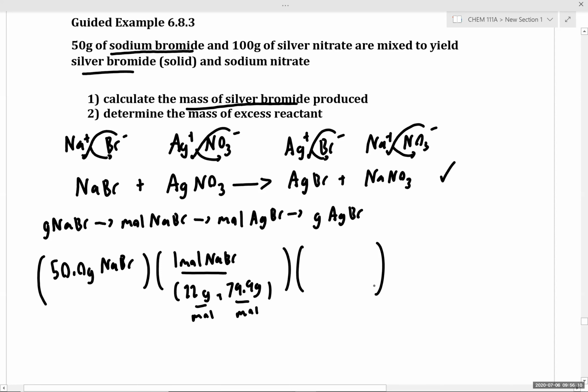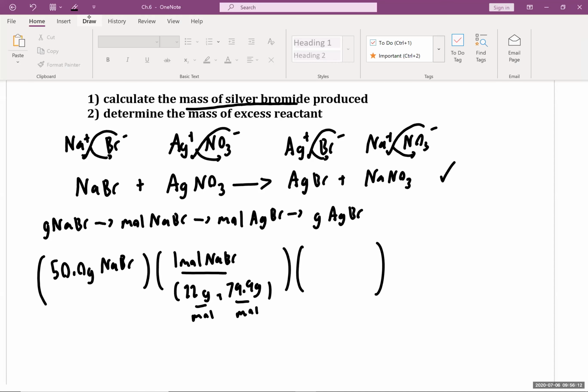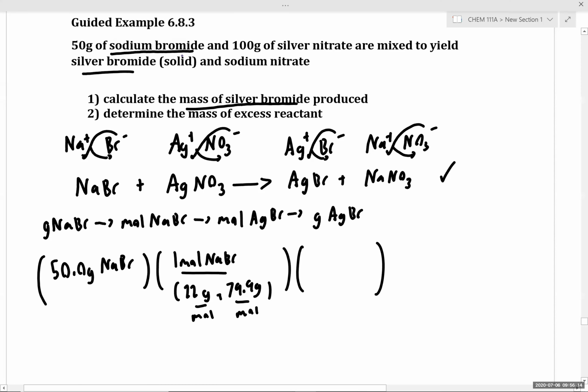Now for something that's really important and the backbone of this chapter. How many moles of silver bromide do we produce per mole of sodium bromide that we consume? What's our mole to mole ratio? 1 to 1, exactly right.